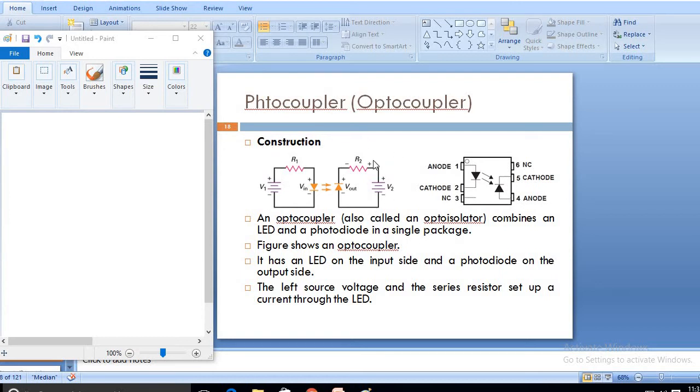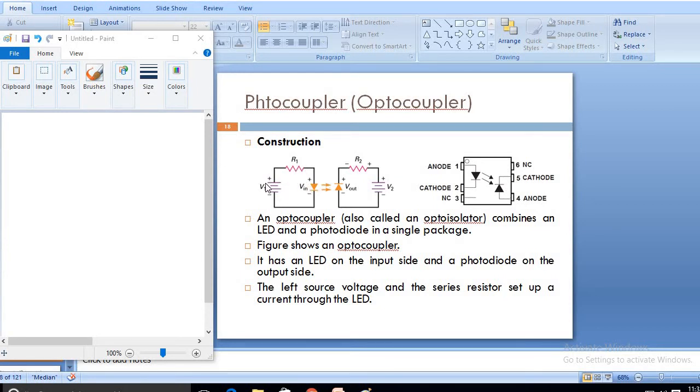So whenever you combine LED and photodiode, I need to call it a photocoupler or an optocoupler. The figure shows the optocoupler like this, with an LED on the input side and the photodiode on the output side. The left source voltage and this series resistor set up a current through the LED.